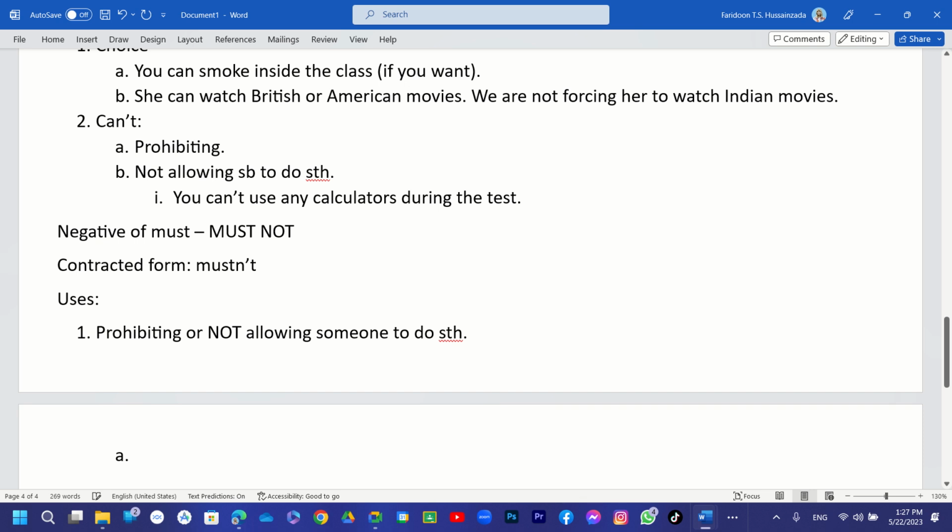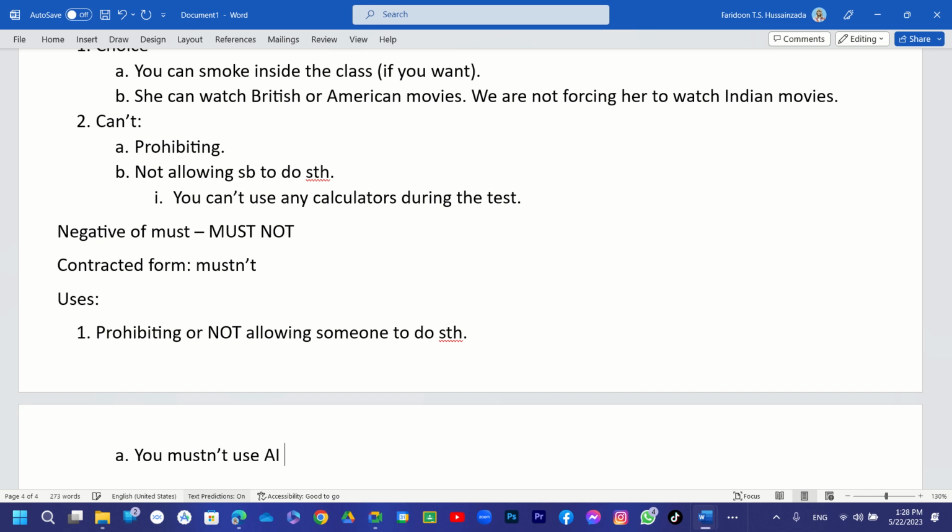So an example can be like, you mustn't use any, should we go to calculators? No, let's go here.